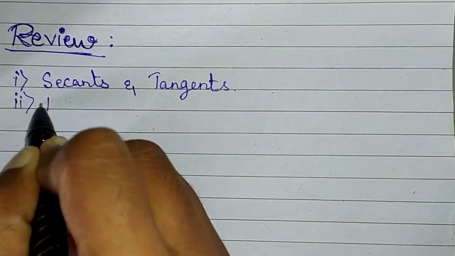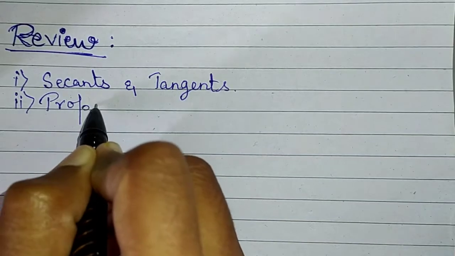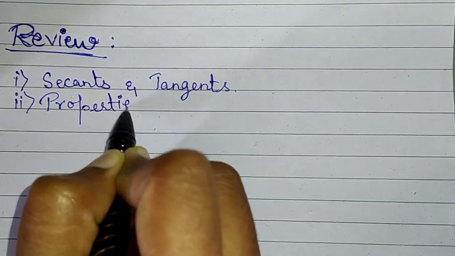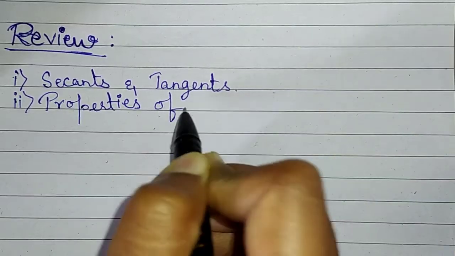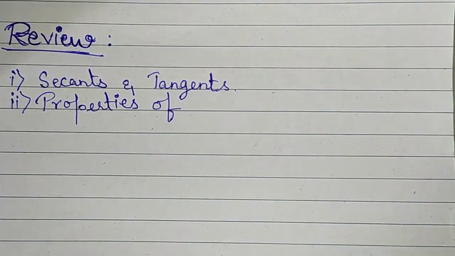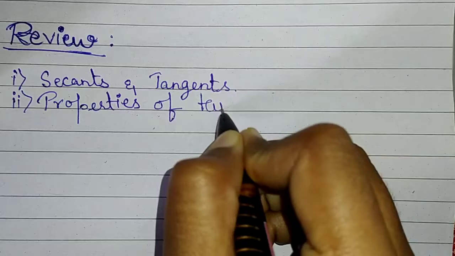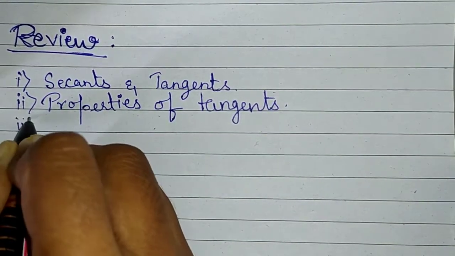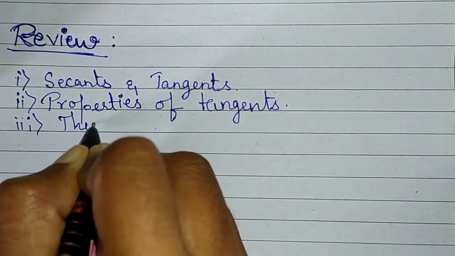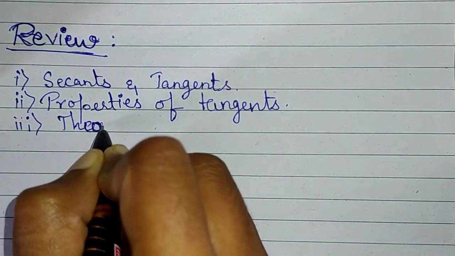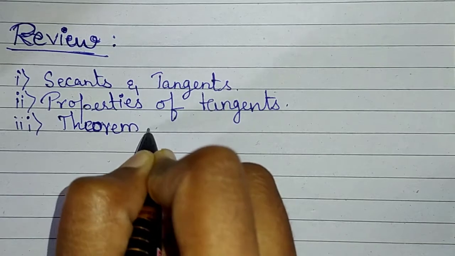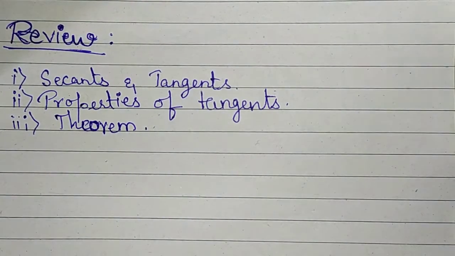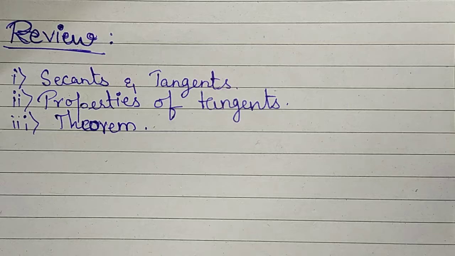Second, we learnt about properties of tangents. There were 5 to 6 properties of tangents which we listed out, and then lastly we learnt a theorem that said that a tangent was perpendicular to the radius of the circle at the point of contact.